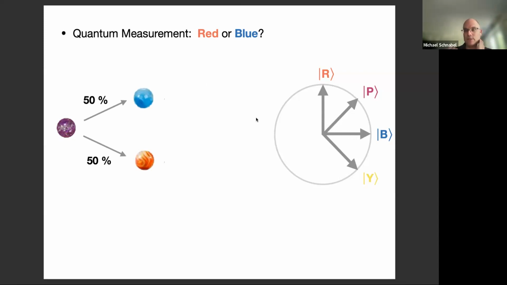Now say we measured blue, and now we repeat this measurement. Then in 100% of the cases, it will again say blue, and the same with red. This is the principle that repeated measurements, also in quantum theory, will give the same result. This is a type of persistence or consistency.